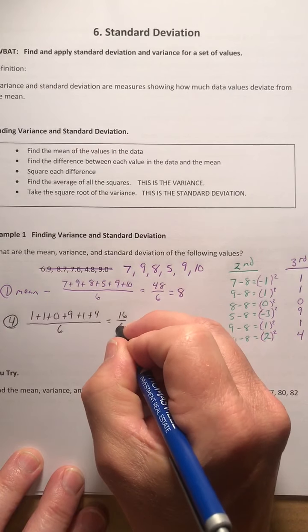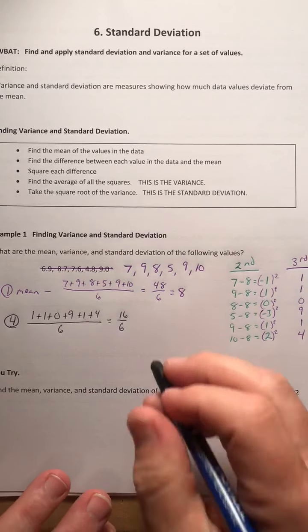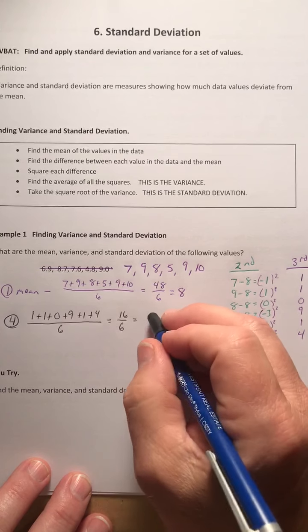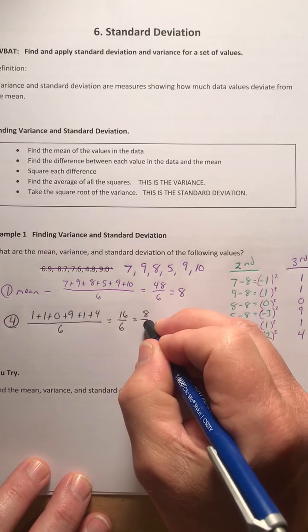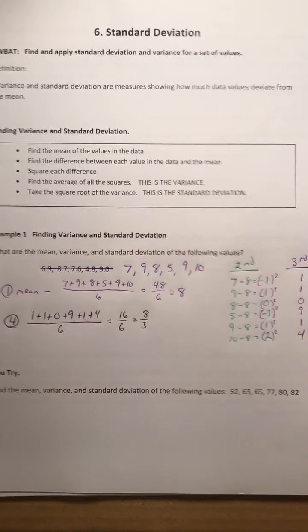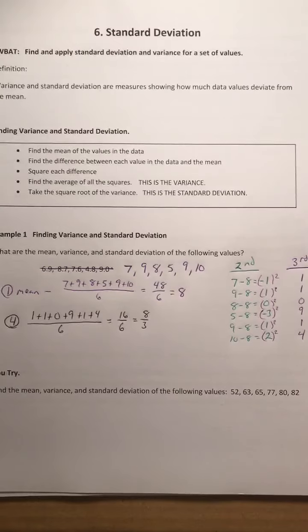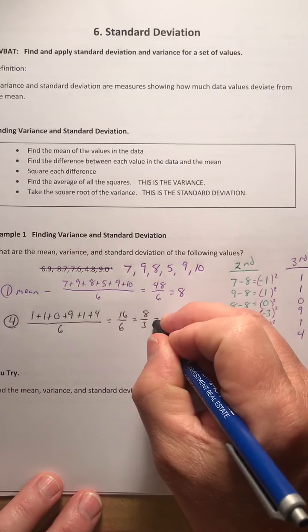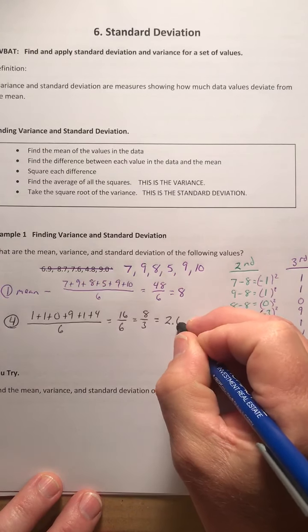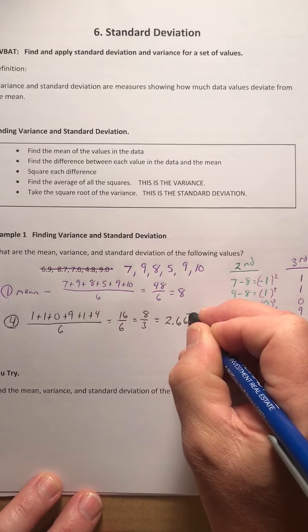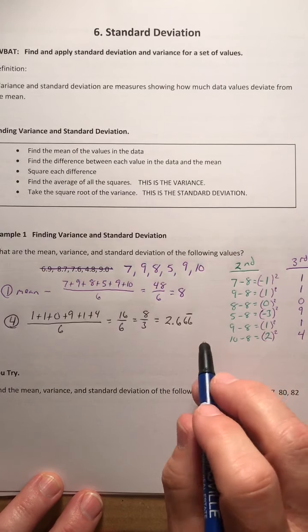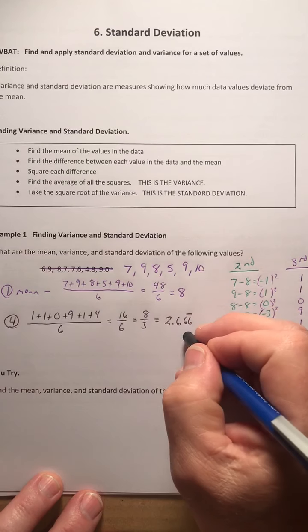So 16 divided by 6, which reduces to 8 divided by 3. And 8 divided by 3 is 2.666 repeating. That is the variance.